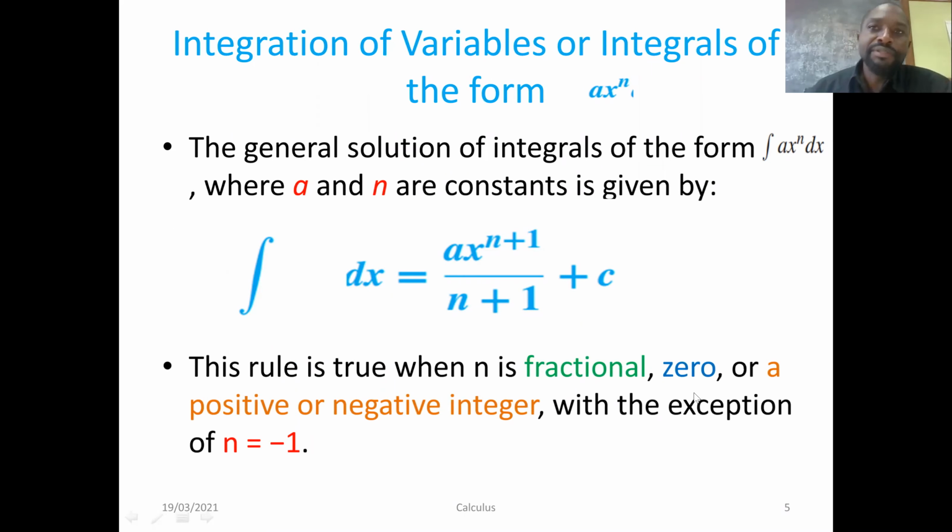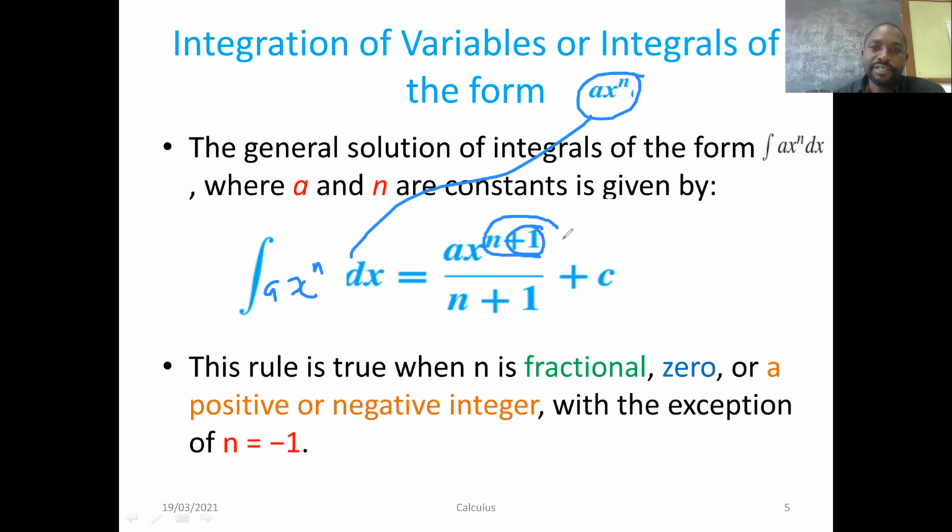For the integral of the form ax to the power n, which is basically a variable, this can be calculated by noting that for the integration of ax to the power n, what you do is take this n and add 1 to it, and then divide ax to the power n plus 1 by the sum n plus 1, as shown here.